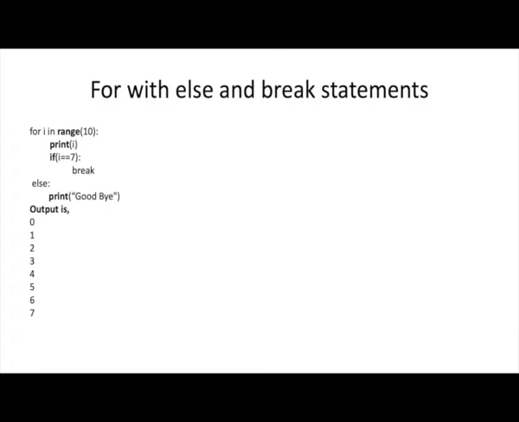If i is equal to 7, we break. So, we are forcing an exit from the loop the moment i is equal to 7. What is printed is the values from 0 to 7, and since we are breaking out of the loop, the else part is not executed and goodbye is not printed.